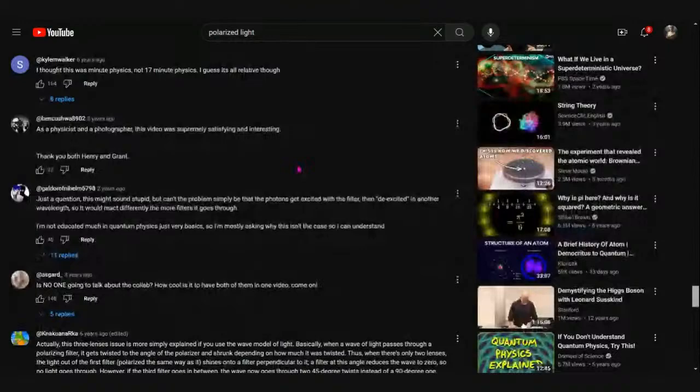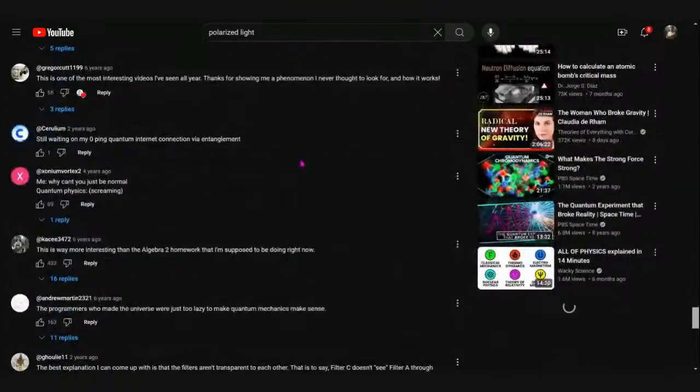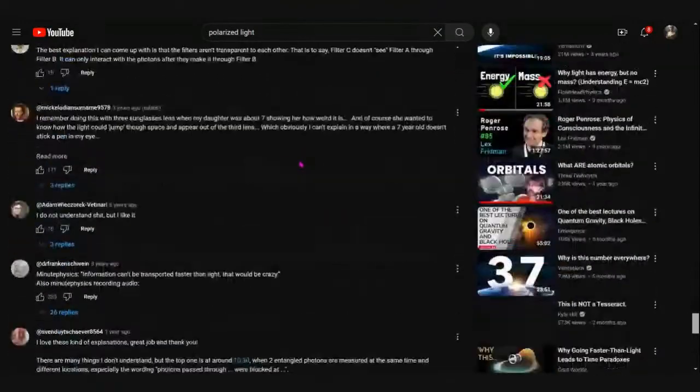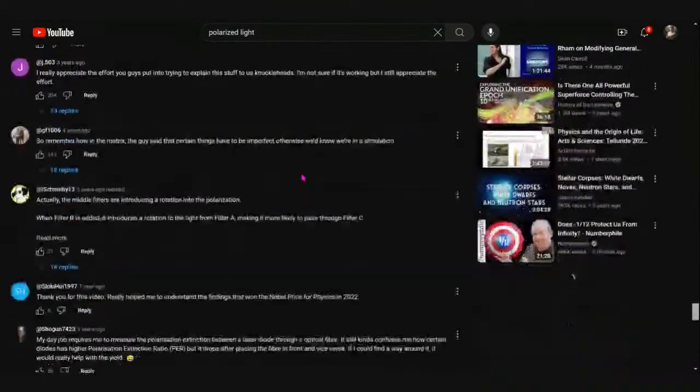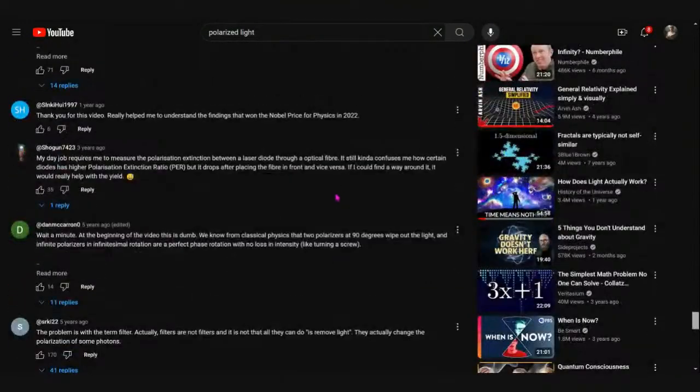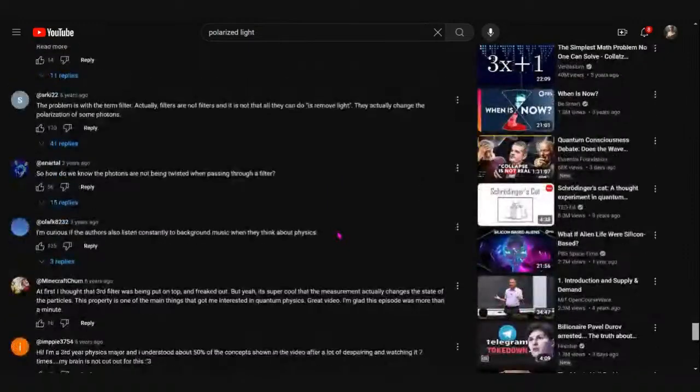Look, you correct me if I'm wrong. Did we misunderstand polarization? I'm thinking about it still. Maybe we misunderstood polarization. I don't know. So how do we know the photons are not being twisted when passing through a filter? I'm not even asking that question.